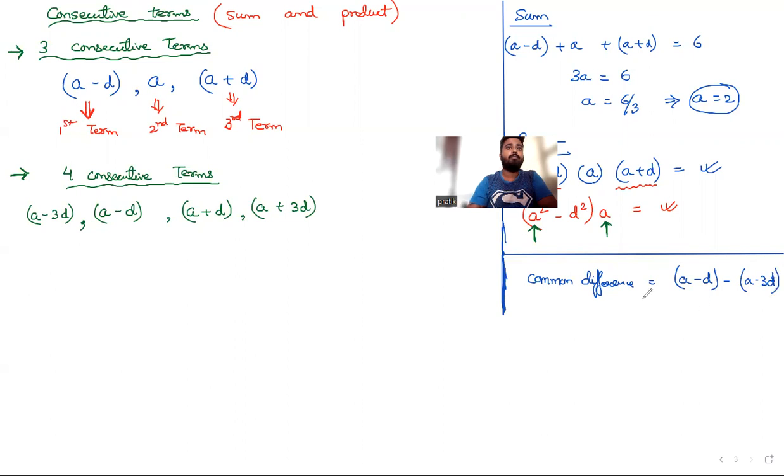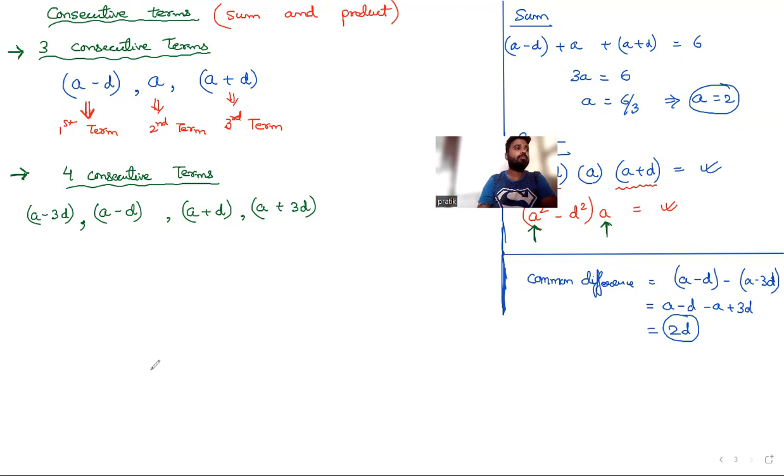So this is A plus 3D minus A minus D. When you subtract them, what do you get the common difference as? 2D, right? So everywhere you see the common difference is 2D. So for four consecutive terms, it is 2D, right? For three terms, the common difference is D.